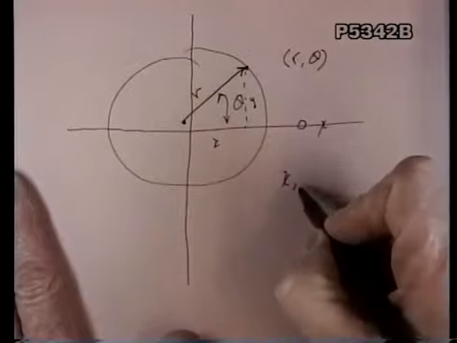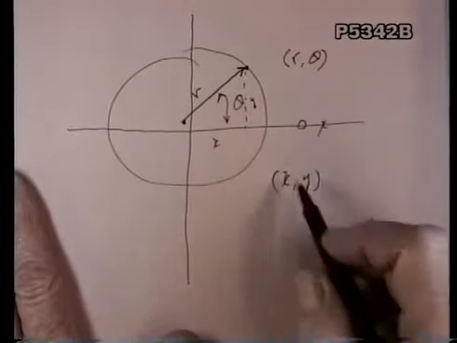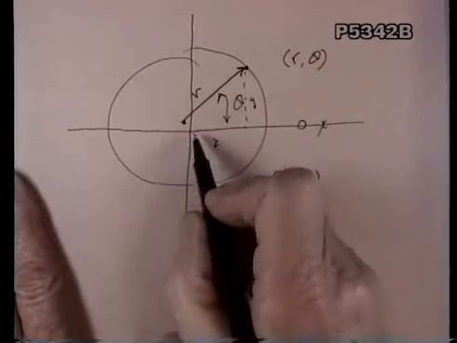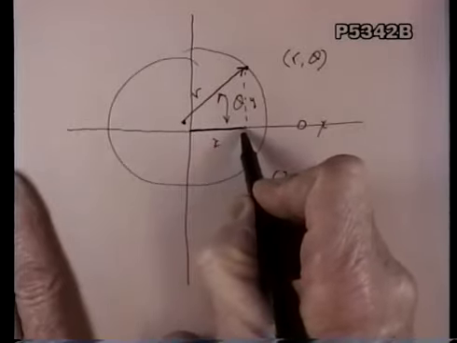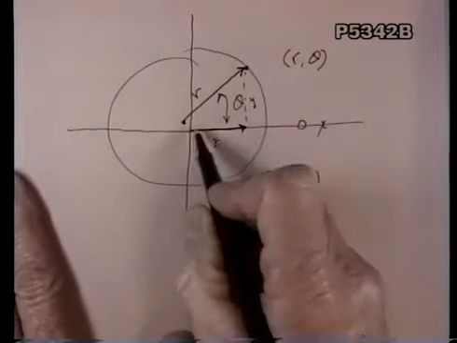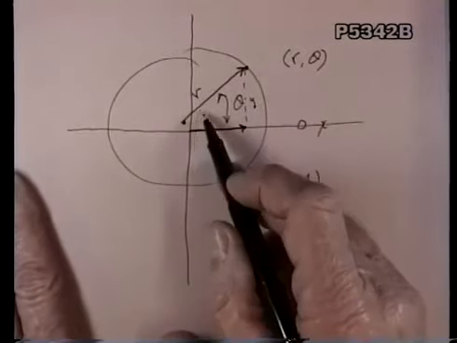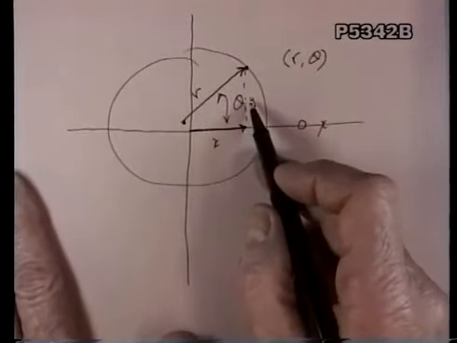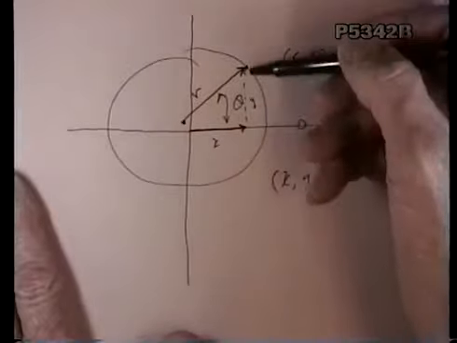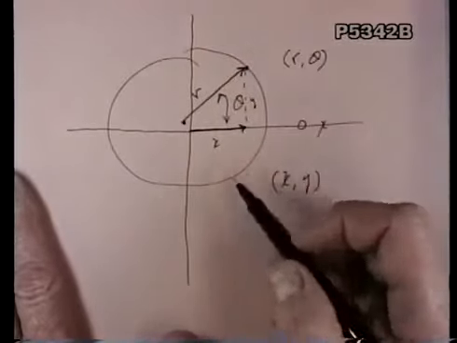So we could also plot x and y on a graph. If we were talking about the linear motion, the object would be that far in the x direction and that far in the y direction. I could actually then take this angle and calculate y. That's the opposite side. It would be the sine of the angle times the radius.